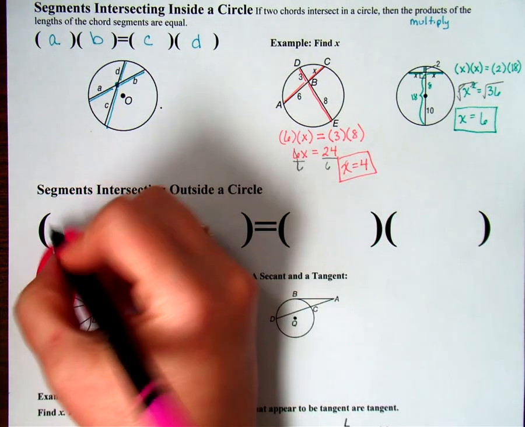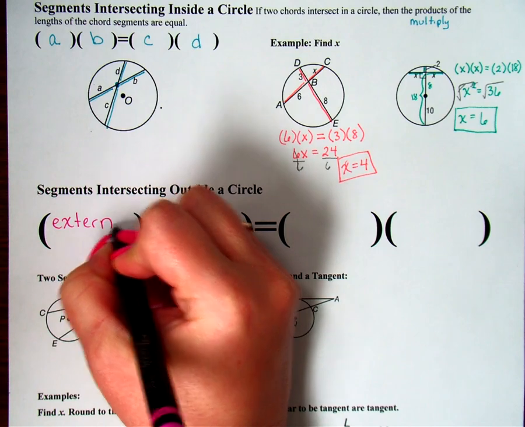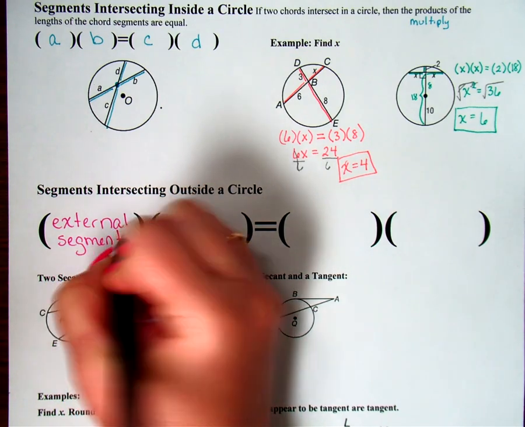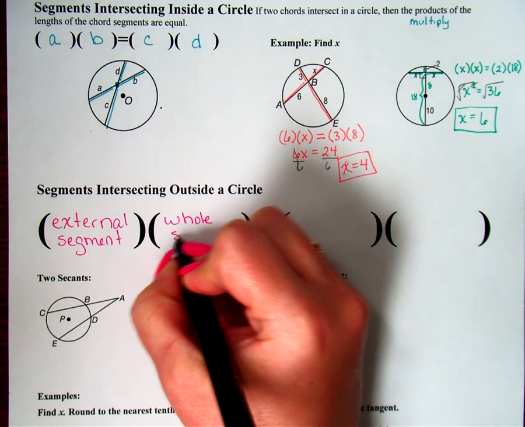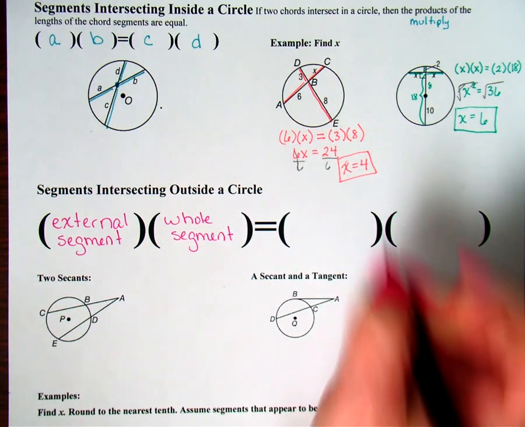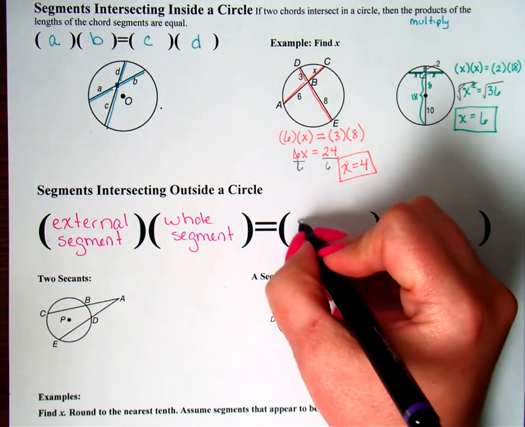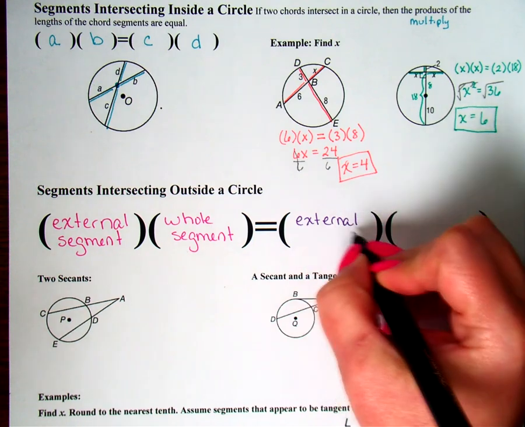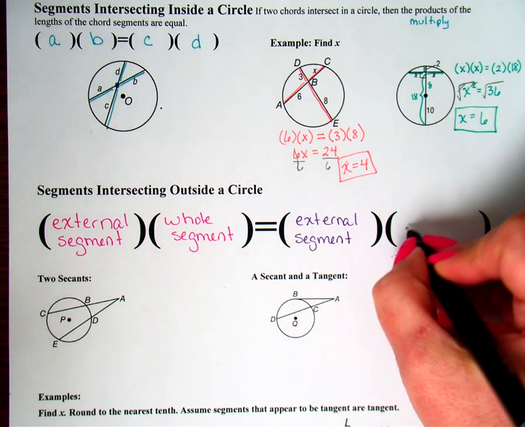times the whole segment, and that's going to equal the external segment times the whole segment.